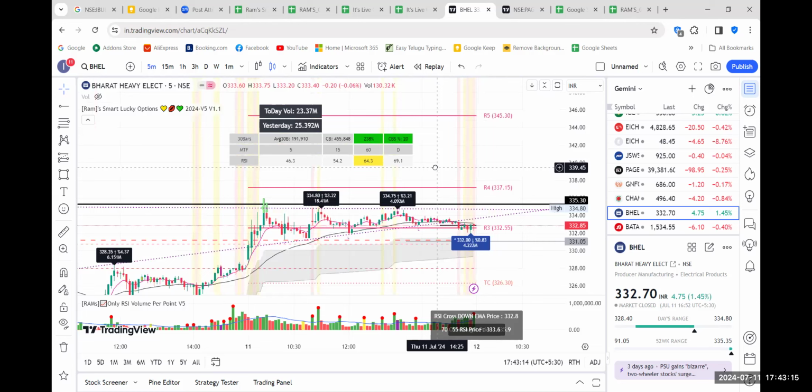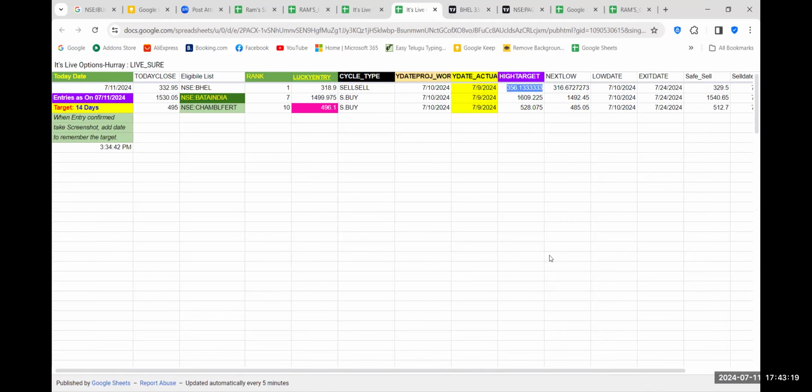I think you understood this screener, right? This is very important. See the cycle type. Whenever we see the sell, we must be very cautious because it could be a buy, it could be a sell, it could be a neutral cycle also, sideways momentum.